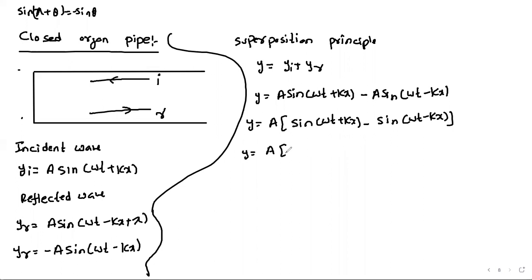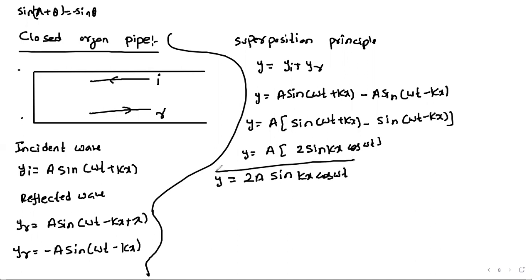So y is equal to a, sine A plus B minus sine A minus B. So this will be 2 sine kx cos omega t. So this is the equation of standing wave now, which is 2a sine kx cos omega t. This is the equation of standing wave in a closed organ pipe.